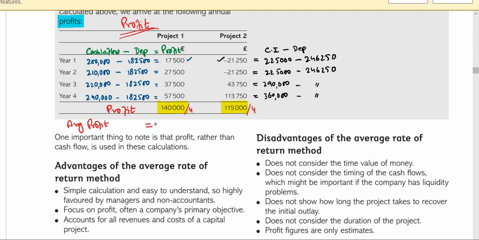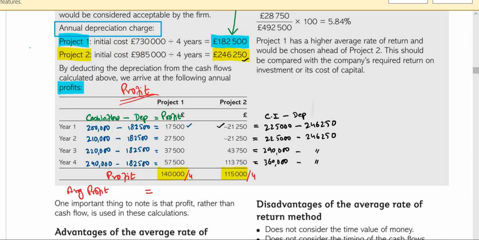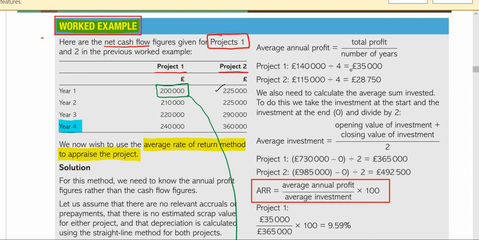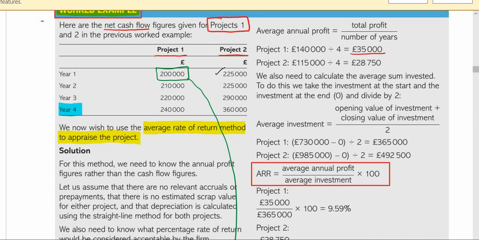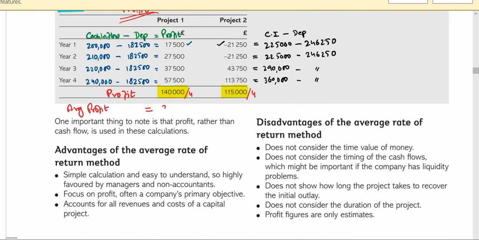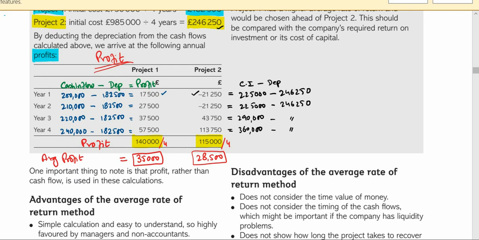Now we will get the average profit. 140,000 divided by 4, so the average profit will be 35,000. And 115,000 divided by 4, so the average profit will be 28,500. Okay, so we will use this profit in our calculation. Yes, any problem?